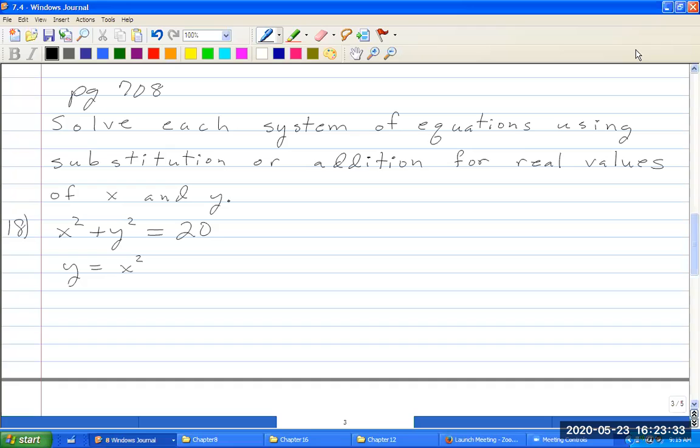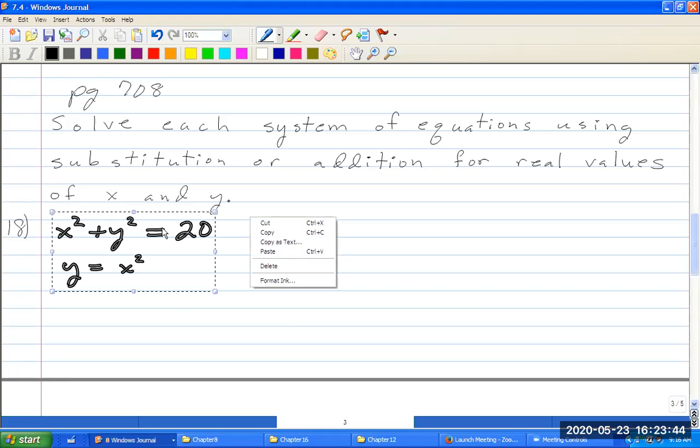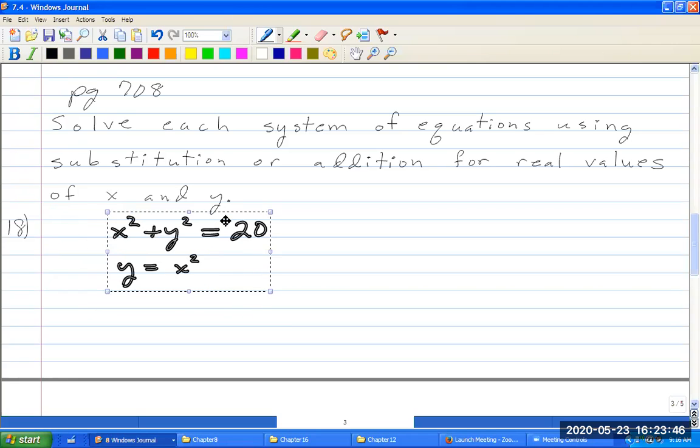For us, we'll just be interested in solutions that are real. Okay, so let's call this R1 and R2, just so I can talk about things.